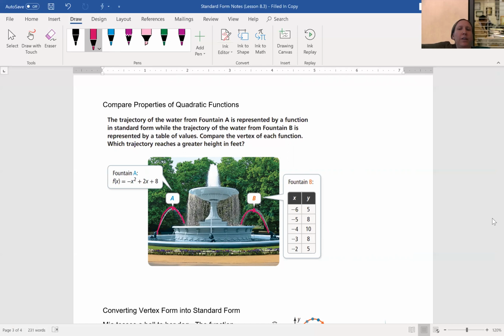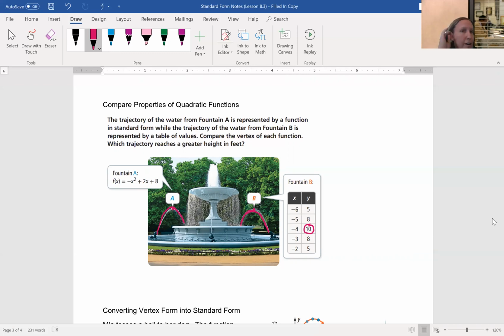If I'm thinking of this and knowing there's some axis of symmetry, I know that this 10 must be that biggest value, because as it's going, it's reaching 10, and then it starts dropping back down again. So for fountain B, its greatest height is 10 feet, okay?